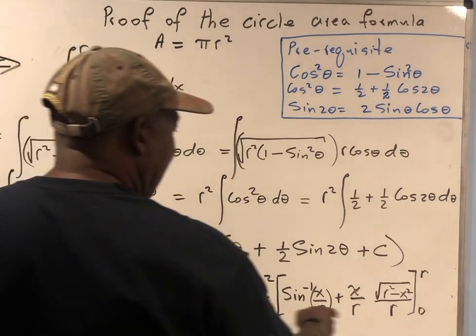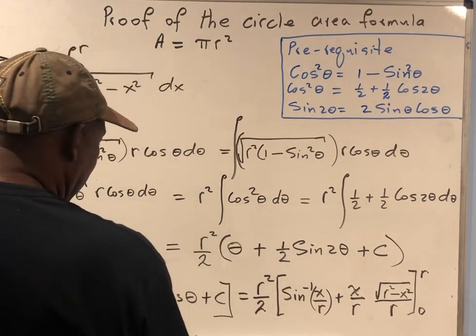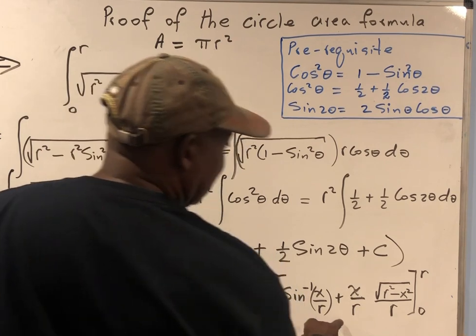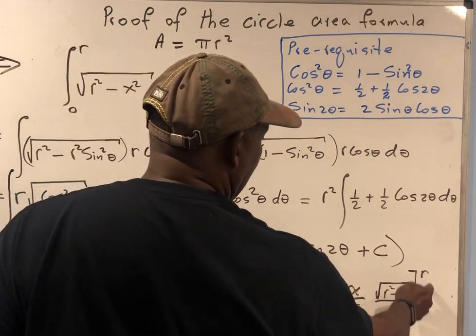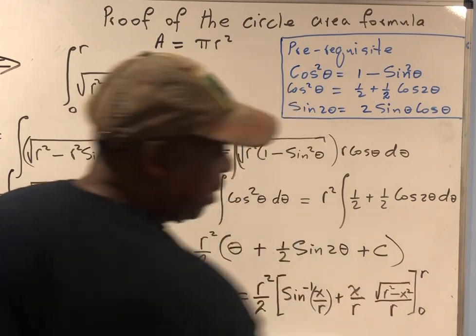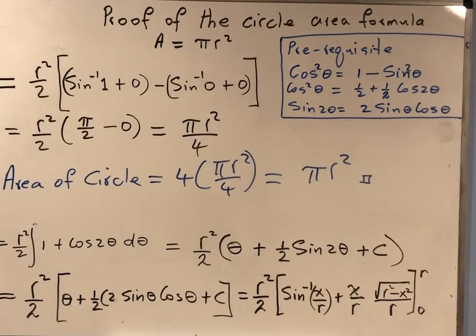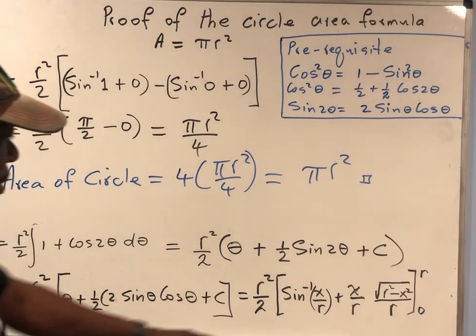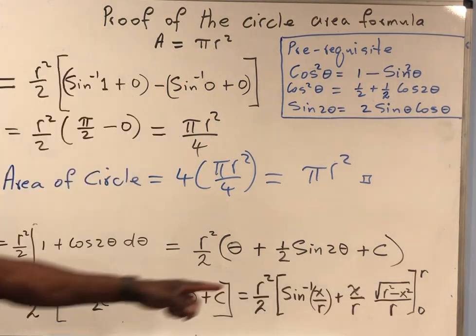Now that we have made the switch back from theta to x, we can now put back our limits of integration from 0 to r. We continue by substituting the limits into x.